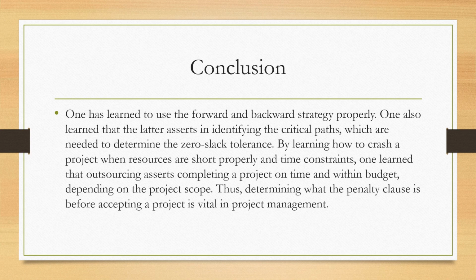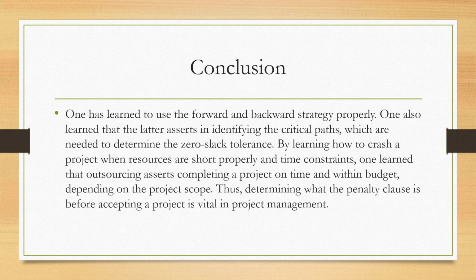In conclusion to this project presentation and everything learned, one has learned to use the forward and backward strategy properly. One also learned that the latter asserts in identifying the critical paths which are needed to determine the zero slack tolerance.